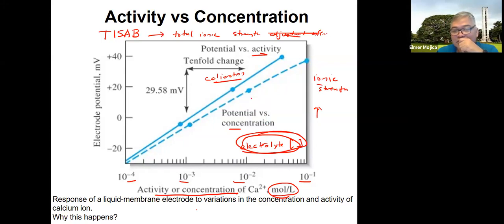So how are you going to make this linear? You have to make sure that you add some ions in the form of this TISAB. There's a material that they call TISAB, and you just add it in the solution. This procedure is done when you're using fluoride.